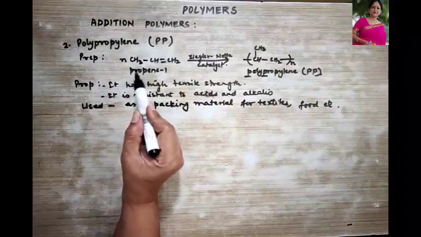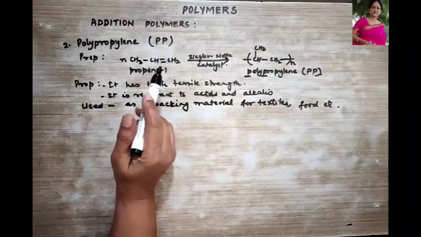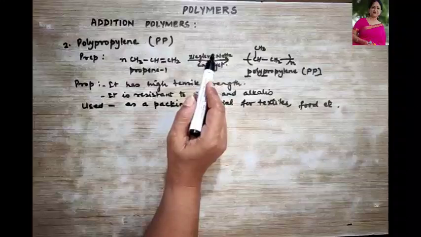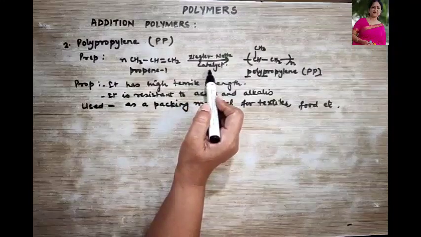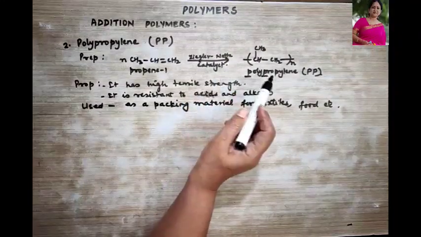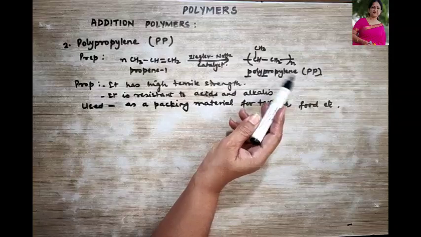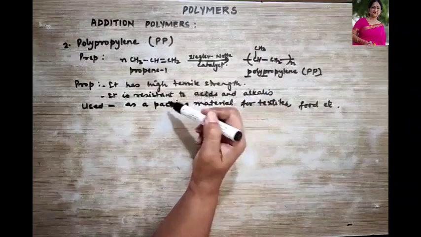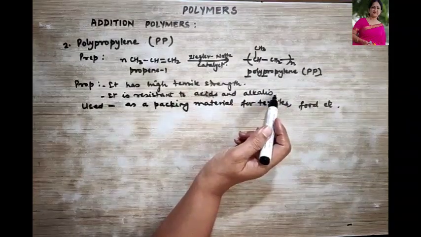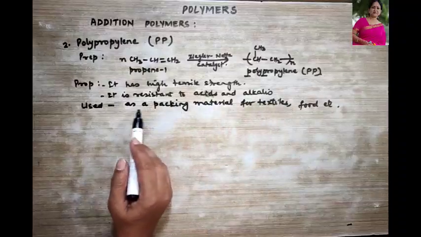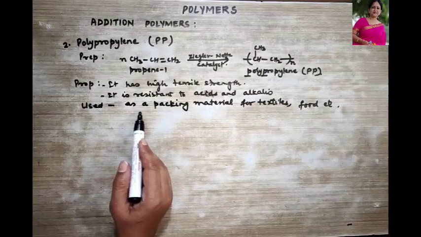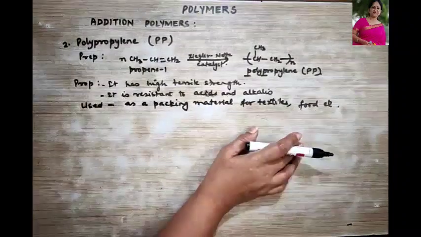It is prepared when propene 1 or propylene at high pressure, high temperature under the catalyst Ziegler-Natta prepares polypropylene. This has a high tensile strength, it is resistant to acids and alkalis as well. And where are they used? As a packing material for the textiles and the food.